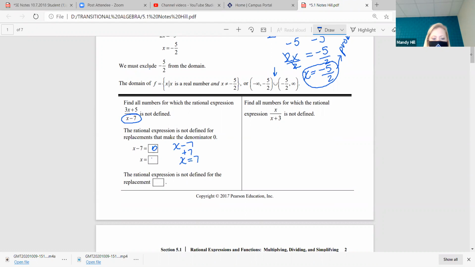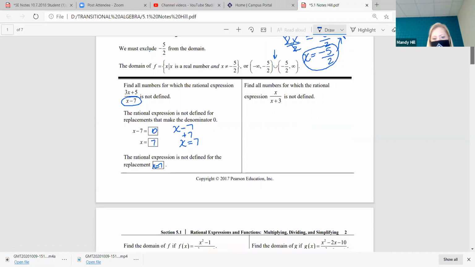So when x is 7, we have a problem, because 7 minus 7 is 0, and the bottom of the fraction cannot be equal to 0. So this function is good for every other number except for 7. So this rational expression is not defined for the replacement x equals 7. Okay, they wrote this two other ways before, and I want to write those for you here.